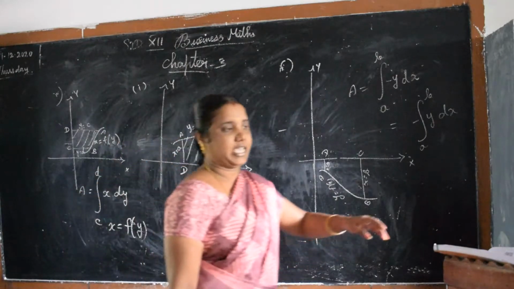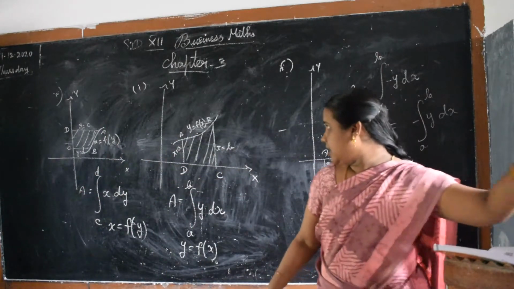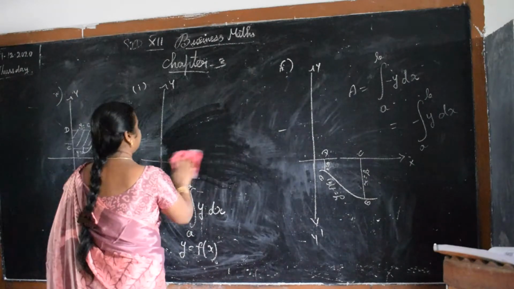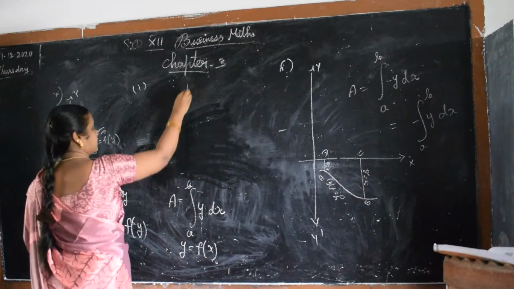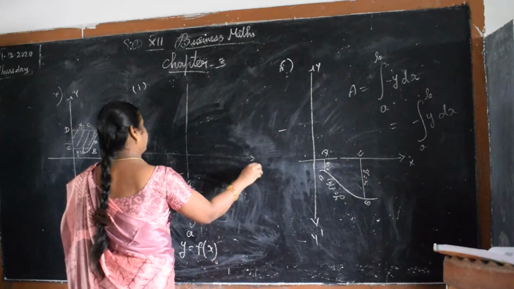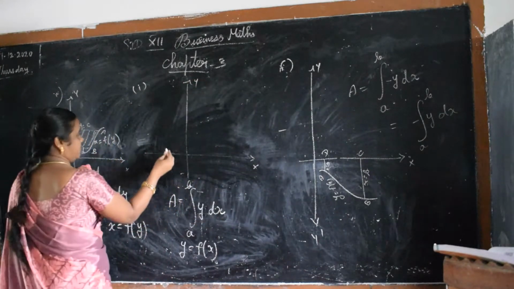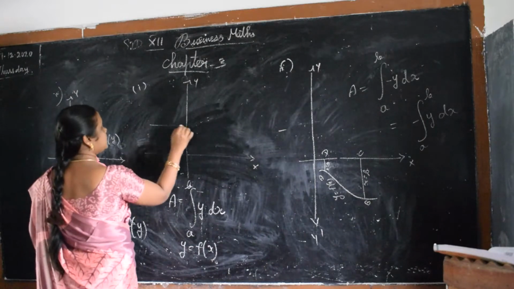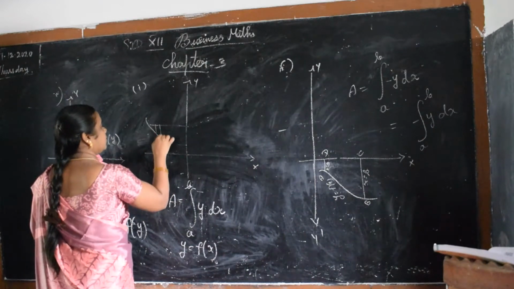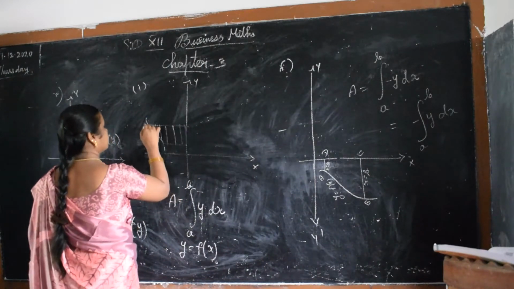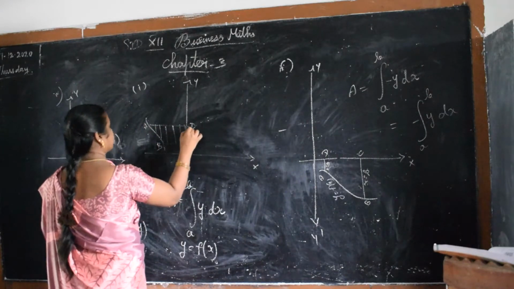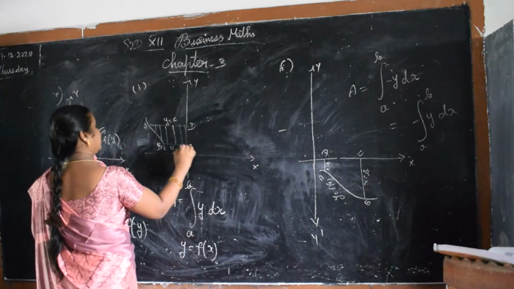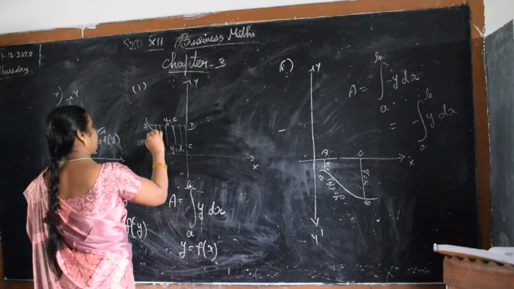Next, our fourth case. See here, x, y. Suppose our curve lies to the left side of the y-axis, like this, bounded by the region here. y is equal to c, y is equal to d, x is equal to f of y.